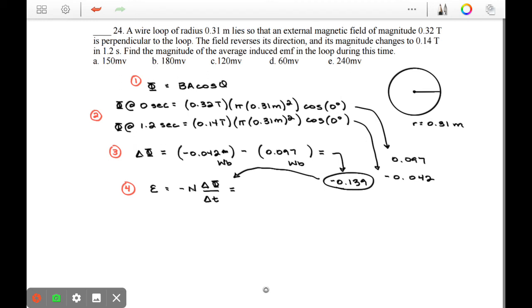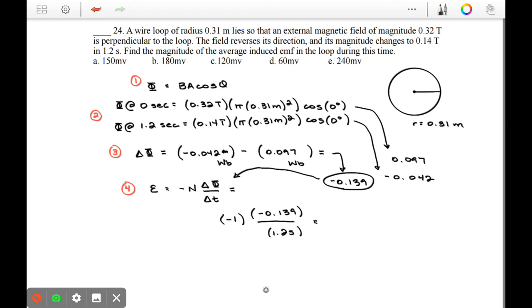So n is the number of turns, and since it's just one wire loop, I'll have a negative 1, and my change in magnetic flux is negative 0.139, and the time that has elapsed is 1.2 seconds.